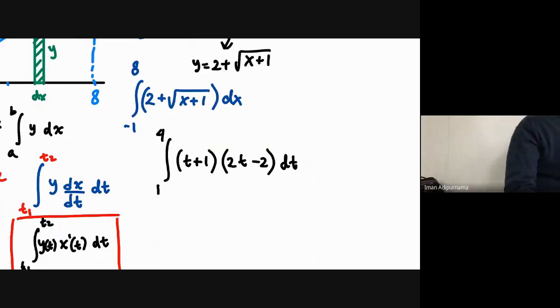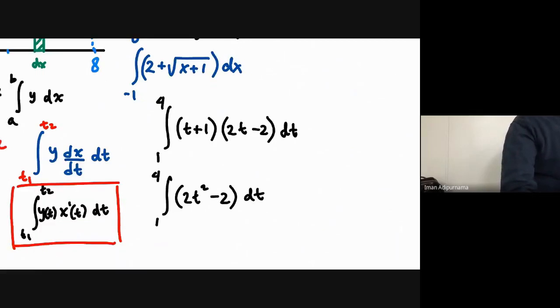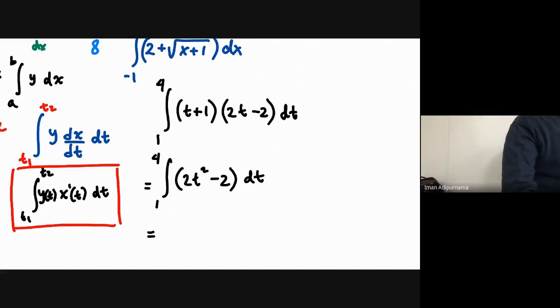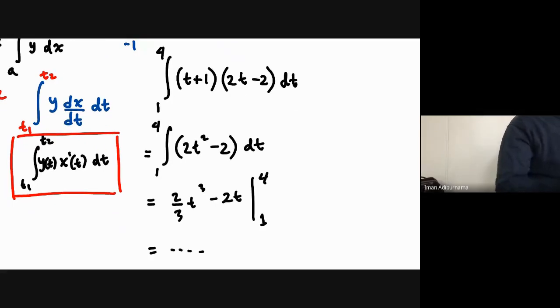And we can solve this: from 1 to 4, 2t squared plus 2t minus 2t, and then minus 2. So 2t squared minus 2 dt. We can integrate easily, plug in 1 to 4, and we can get the number easily.